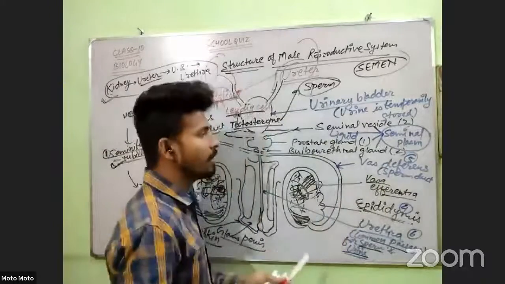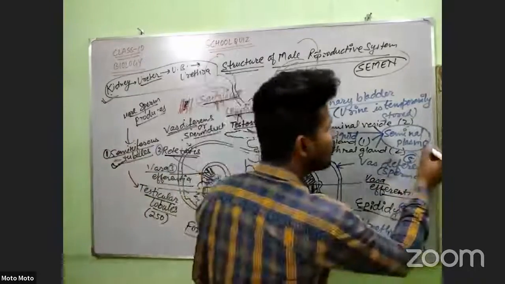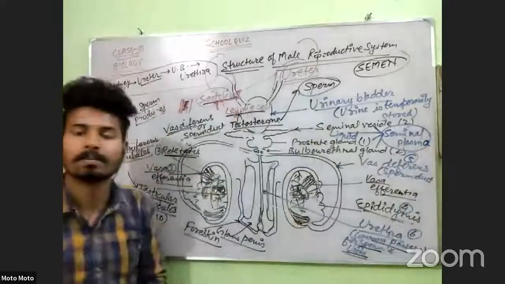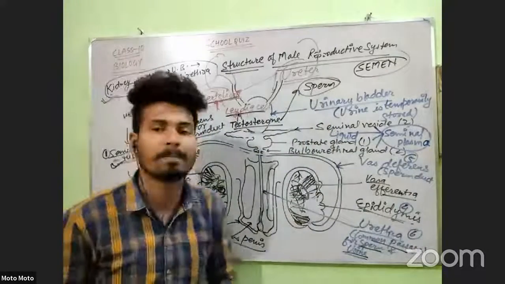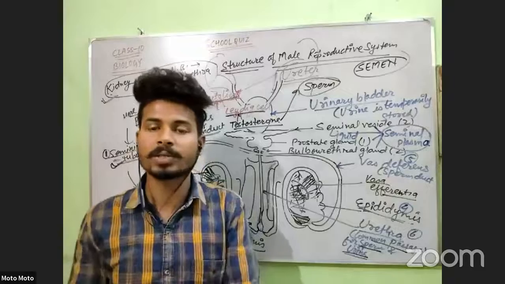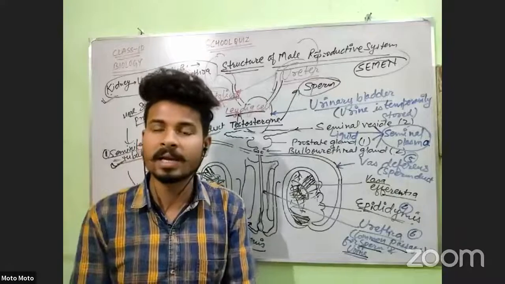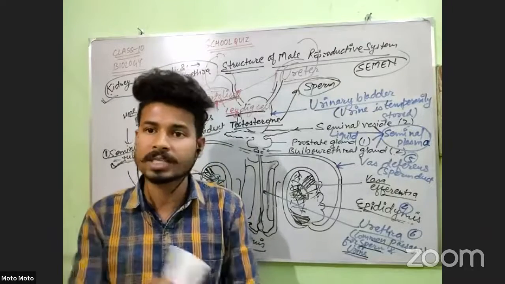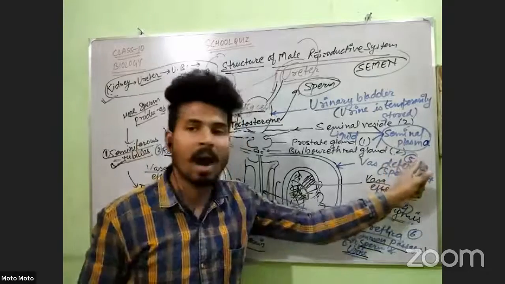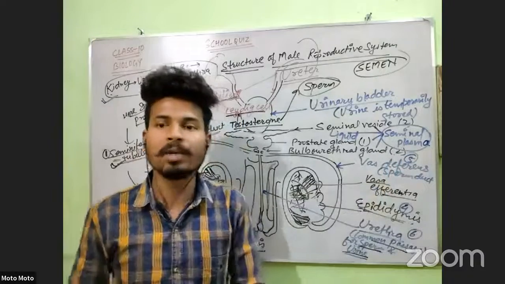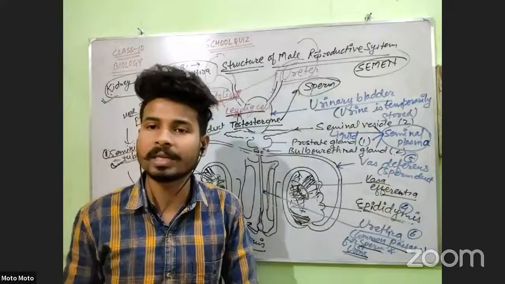Seminal plasma carries the nutrients for sperm, because when sperm comes out, since sperm is a living cell, it will need nutrition for its survival. When it comes out, the Sertoli cell will not come along with it. Got it?